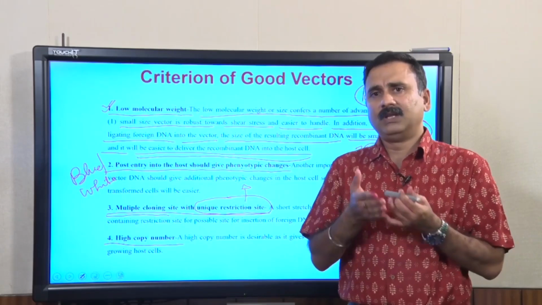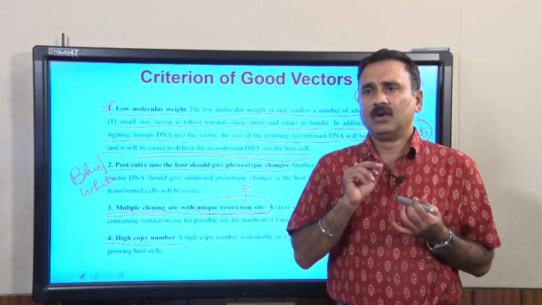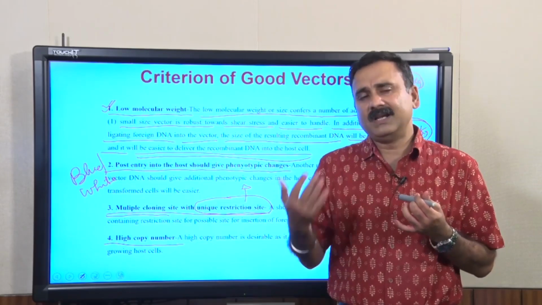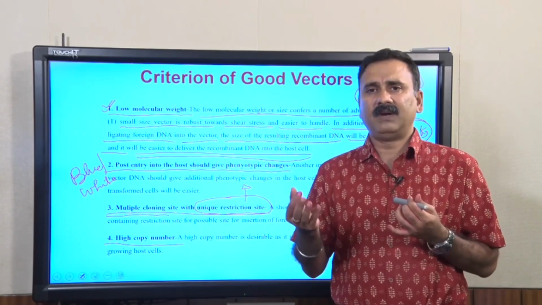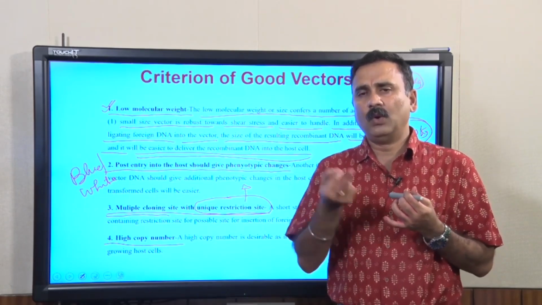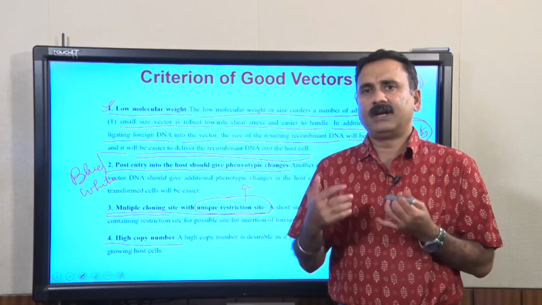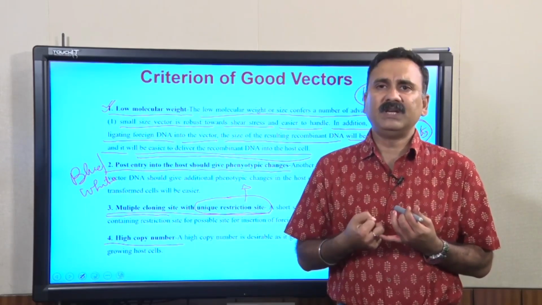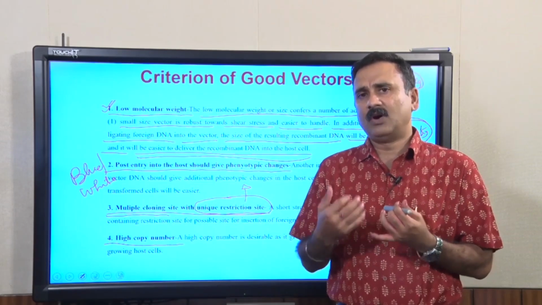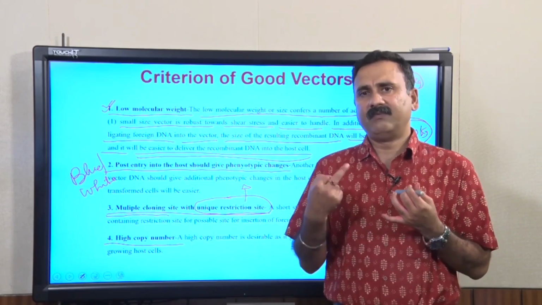Whereas, if you work with low copy number vectors, it still creates disturbance to the bacterial metabolism, but it happens so slowly that the bacteria get adapted to that particular type of change, and in those cases we normally use low copy number plasmids, or low copy number vectors.